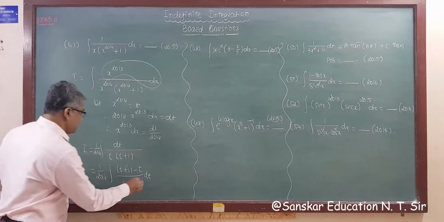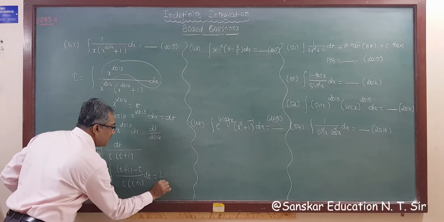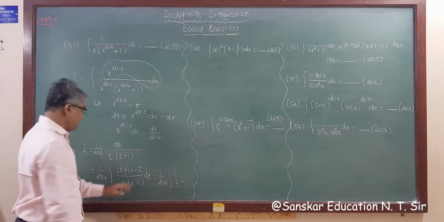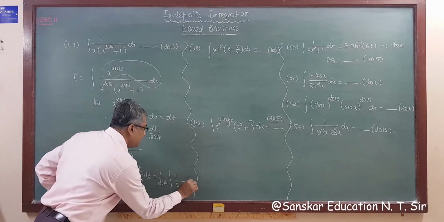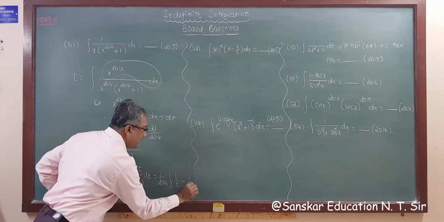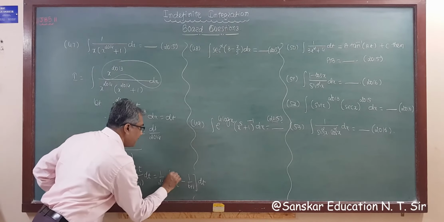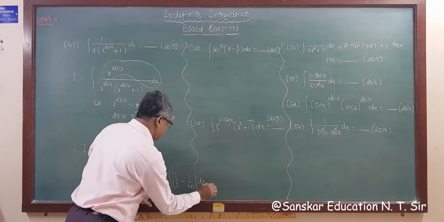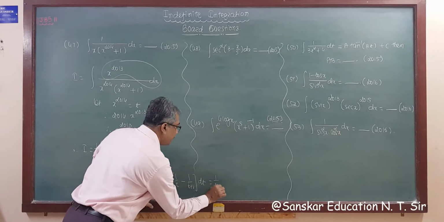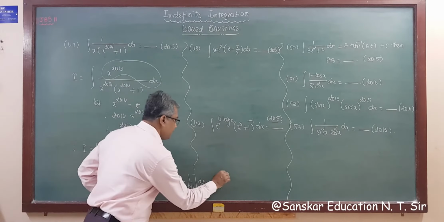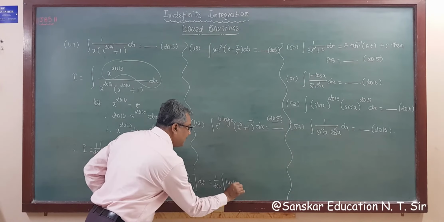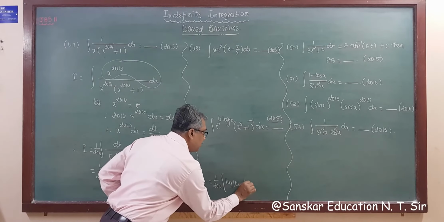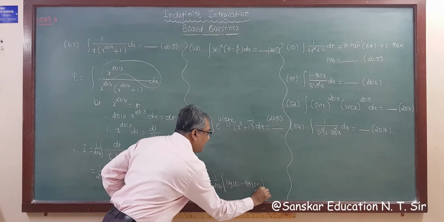Simplifying, we get 1 upon 2014 integration of 1 upon t minus 1 upon t plus 1 dt. The answer is 1 upon 2014 log mod t minus log mod t plus 1 plus c.